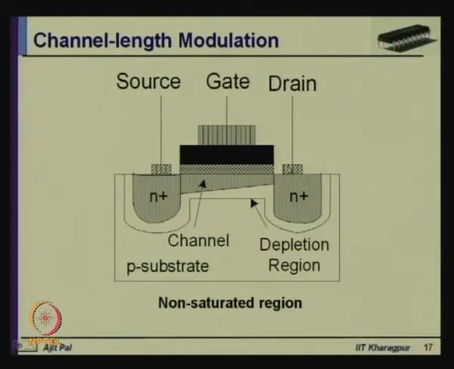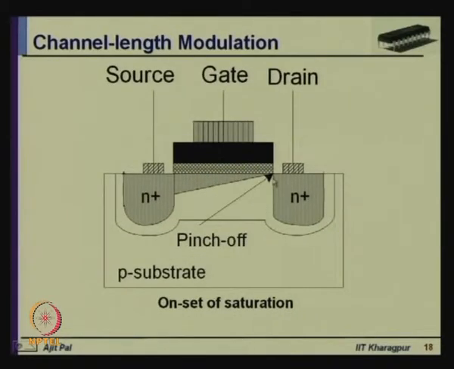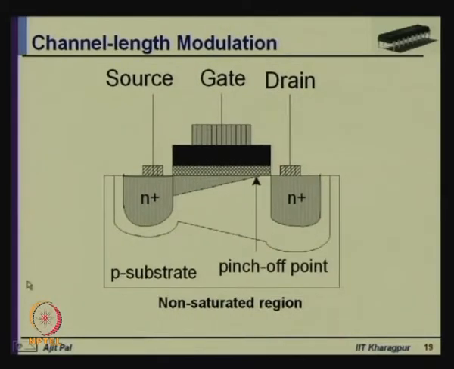And as we further increase the drain voltage, at some point very close to the drain there is no carrier, that means it becomes pinch off. If we increase the drain voltage further, you will find that the pinch off point moves towards the source.